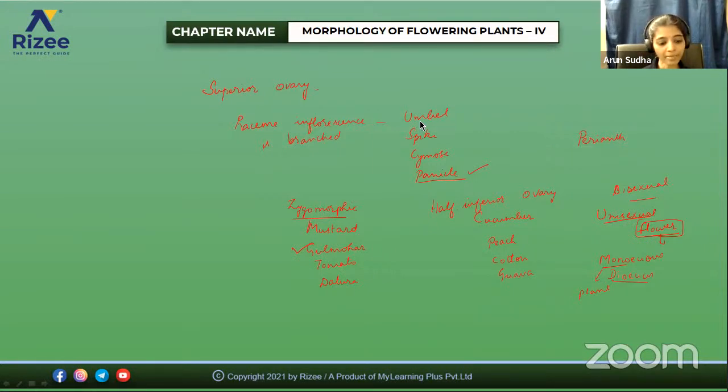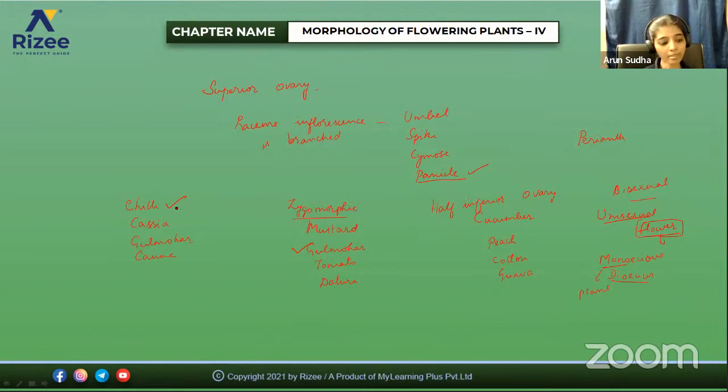Then radial symmetry is found in flowers of chili, cassia, gulmohar, and canna. The radial symmetry is in chili. Yes, chili is the correct option.